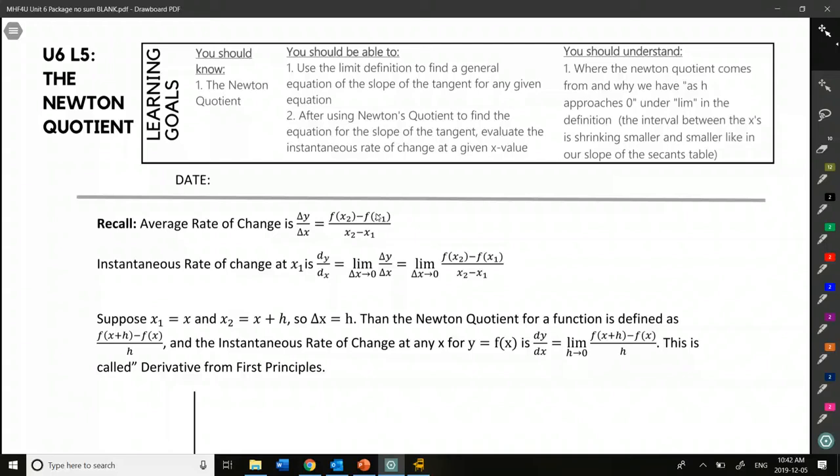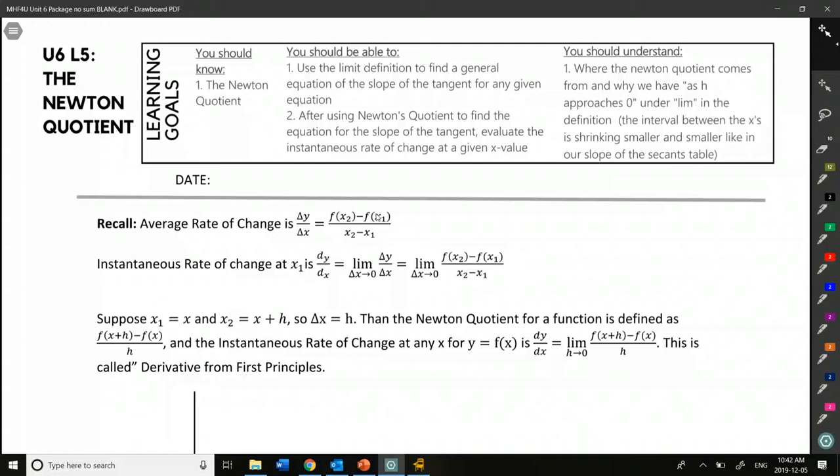Okay, so average rates of change, we talked about, they are delta y over delta x, and we do y2 minus y1, or in function notation, f at x2 minus f at x1, which is essentially just y2 and y1, over x2 minus x1. And then we talked about instantaneous rate of change at a certain x value. We sometimes use average rates of change to estimate that. So what we talked about in that little secant chart is this idea of the limit.